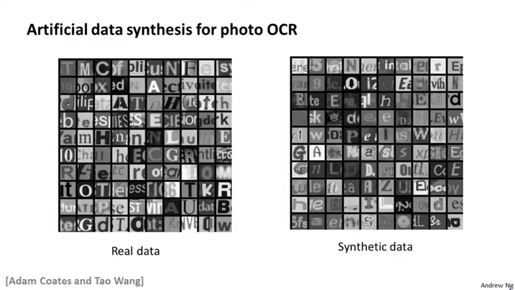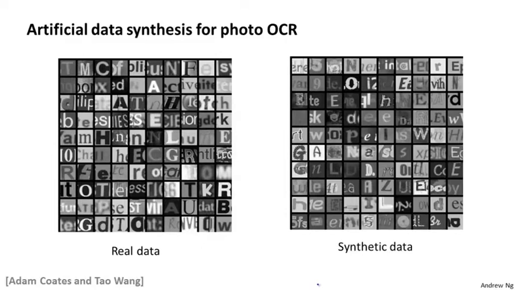And this is work, right? It takes thought and work in order to make the synthetic data look realistic. And if you do a sloppy job in terms of how you create the synthetic data, then it actually won't work well. But if you look at these, the synthetic data actually looks remarkably similar to the raw data. And so by using synthetic data, you have essentially an unlimited supply of training examples for artificial data synthesis.